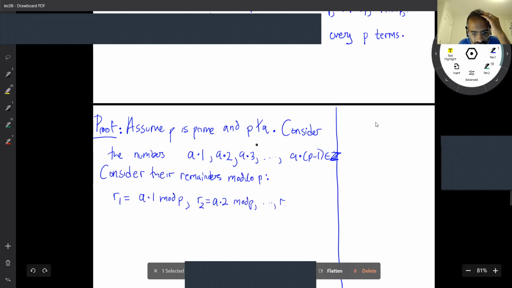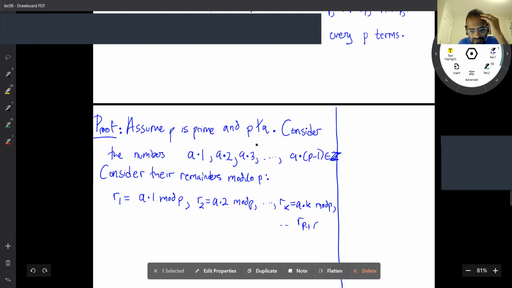In general, RK is A times K mod P, all the way up to R P minus 1. And these now all live in a smaller set.